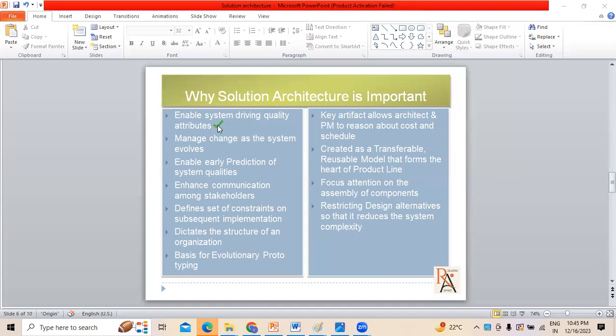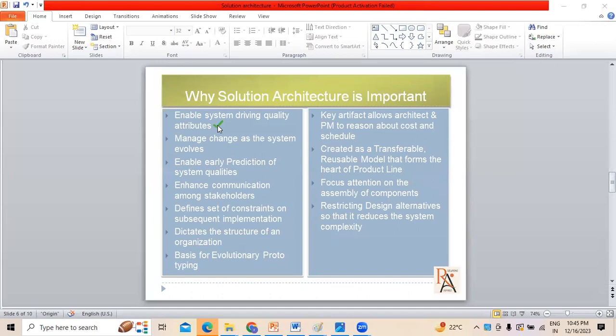The first point is enabling system-driving quality attributes, because providing quality attributes of the system is essentially required for any application. End of the day, not only user experience, but followed by that, the performance of the applications is also important.